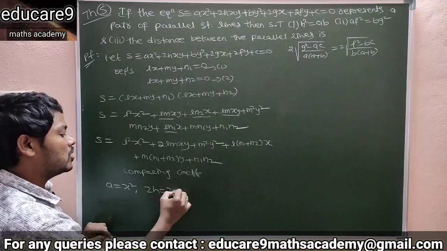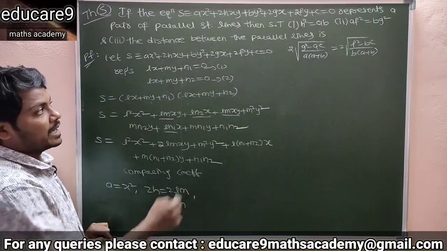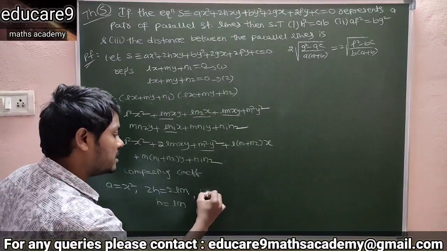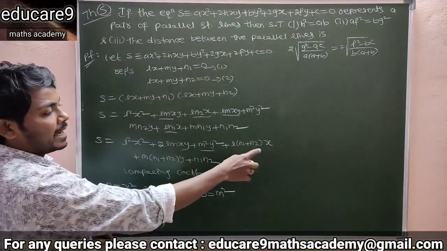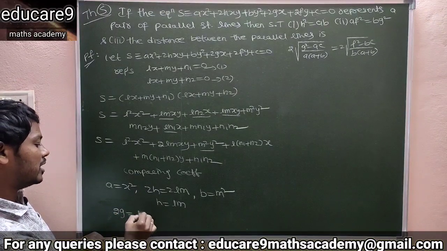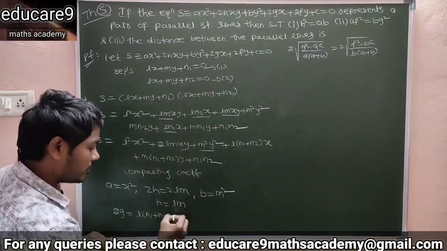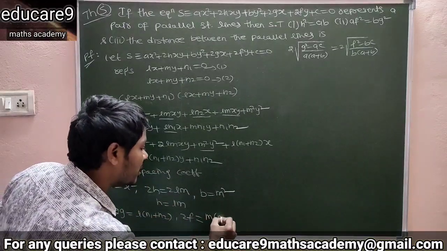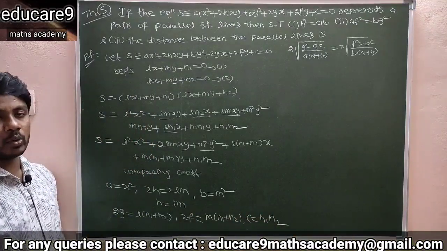So 2h = 2lm, so h = lm. Next, by², here m²y², so b = m². Next, the x coefficient: 2g = l(n1 + n2). Next, 2f = m(n1 + n2). Last, c = n1 n2.